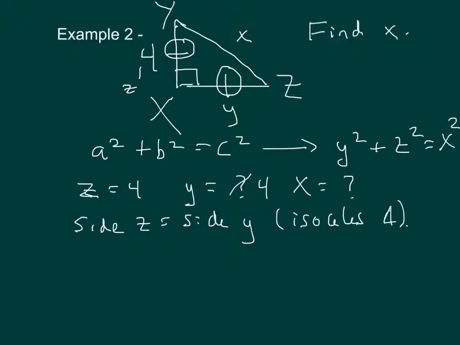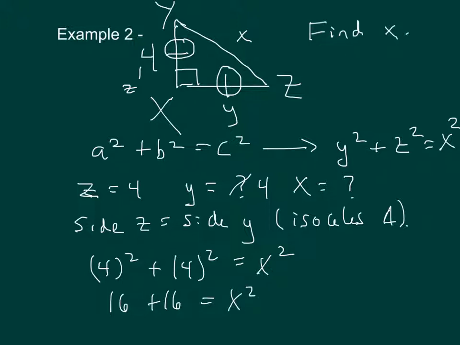We can now solve for x. Y squared would be 4 squared, plus z squared would be 4 squared, is equal to x squared. And then that would leave us with 16 plus 16 equals x squared, so 32 equals x squared.